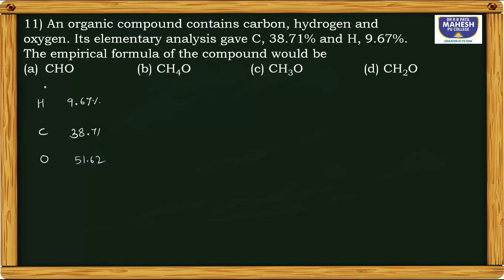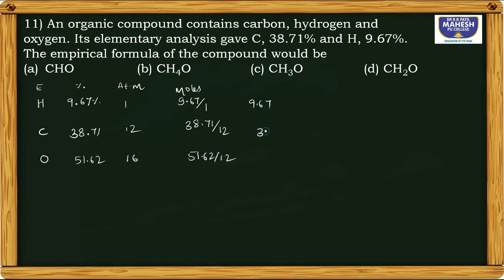Okay, so these are the elements, this is the percentage, and let me write the atomic mass. Now hydrogen 1, carbon 12, oxygen 16. Now let me get moles. Mole means mass divided by atomic mass. 38.71 divided by 12, and 51.62 divided by 16. Hydrogen is nothing but 9.67 only.